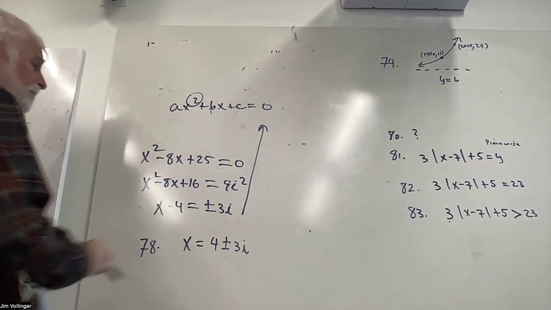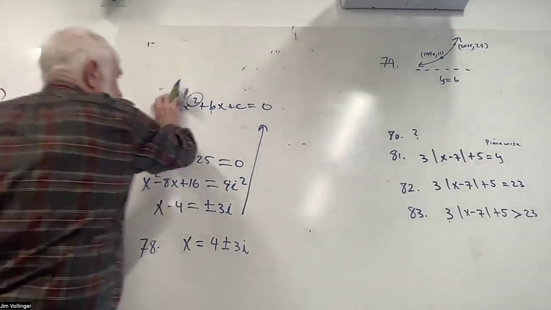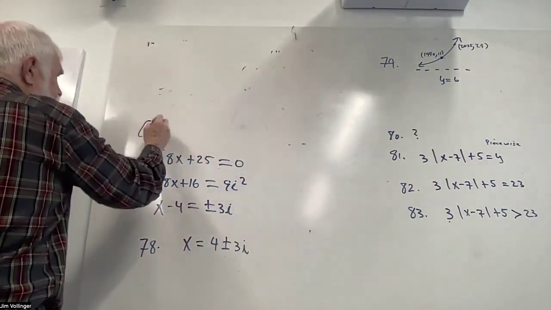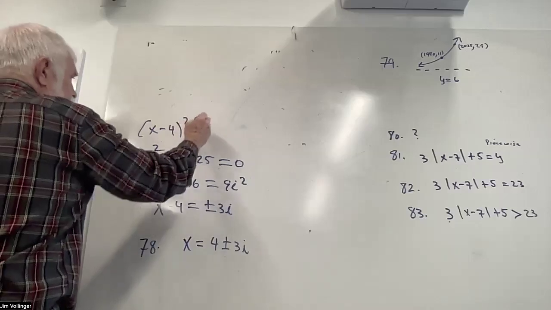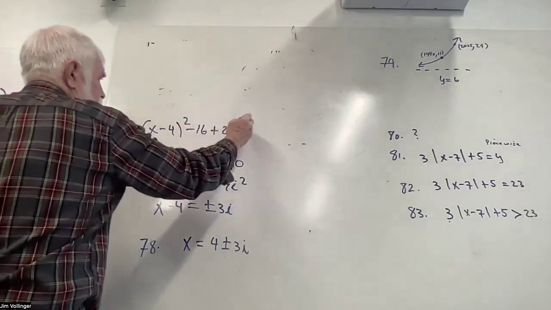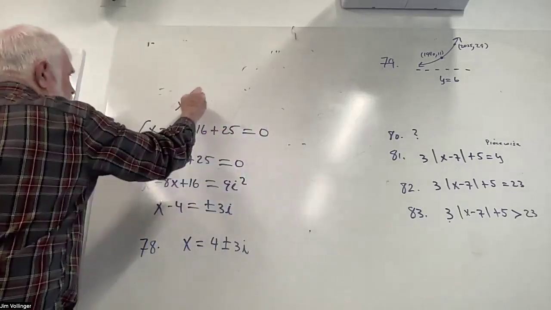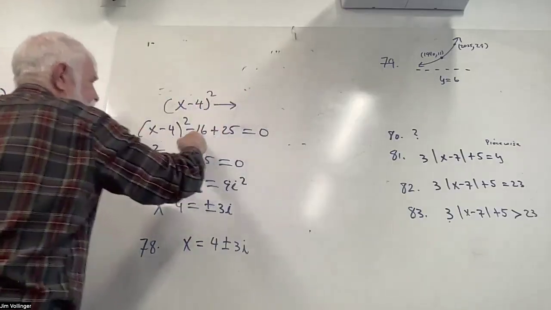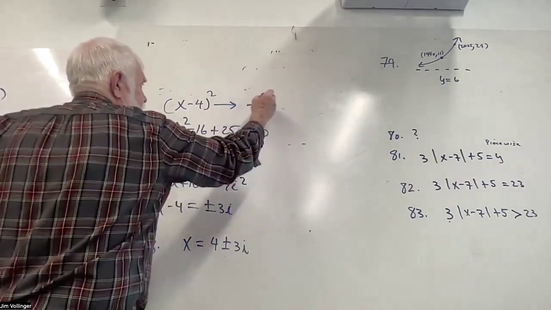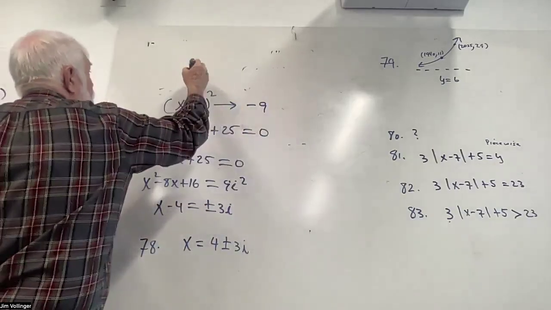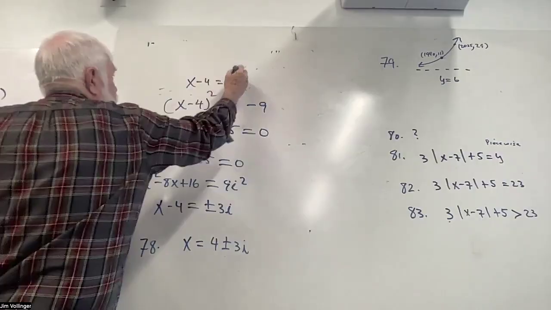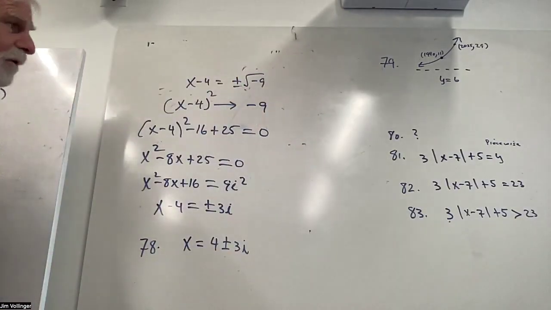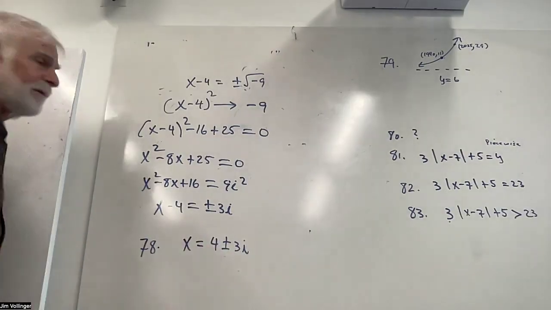And I expect you to be able to get these answers from completing the square, so let's get that practice in as well. I think that's enough. I think I'm showing you enough there to see where this is coming from.